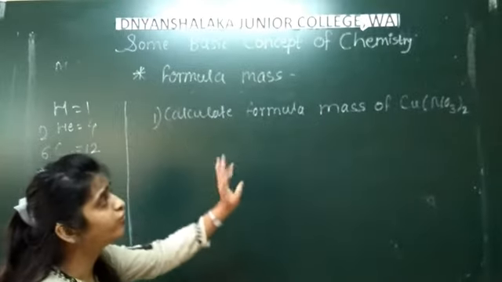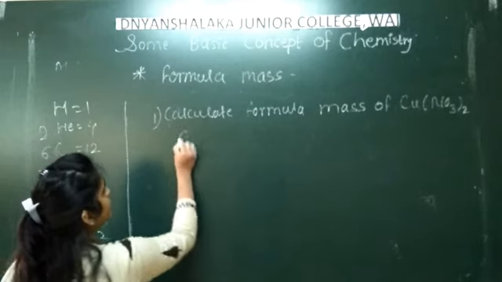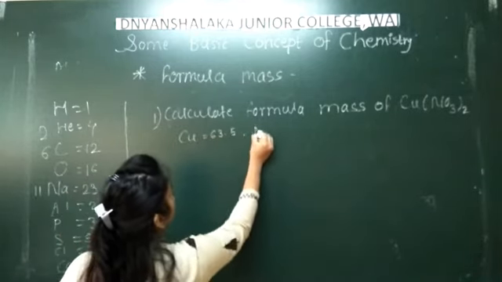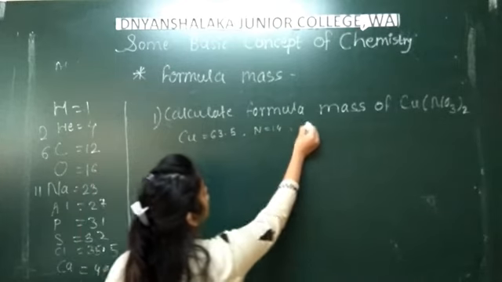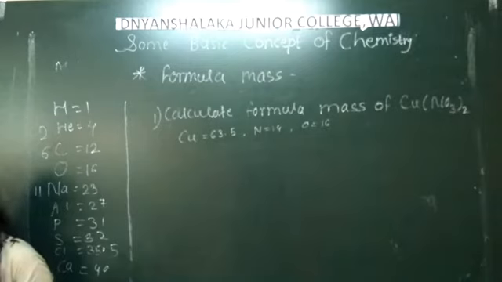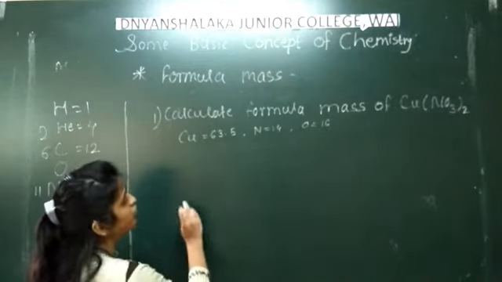Now we calculate the formula mass of Cu(NO3)2. Copper atomic mass is 63.5, nitrogen atomic mass is 14, oxygen 16. So using the formula we get the formula mass of copper nitrate.